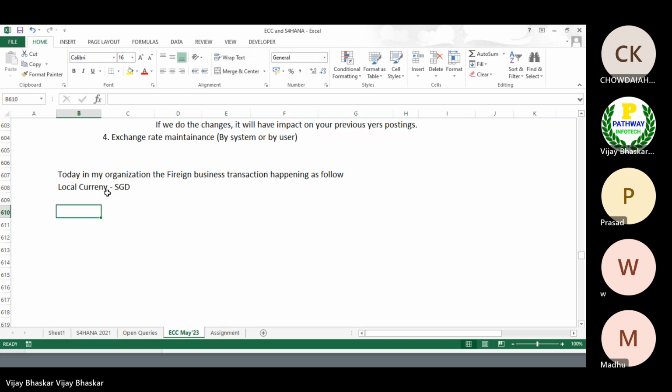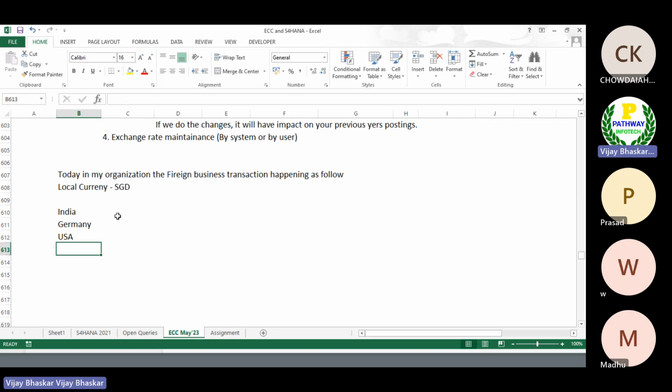Now the transactions which are happening. Our legal entity is dealing business with India, then Germany, let us assume USA.